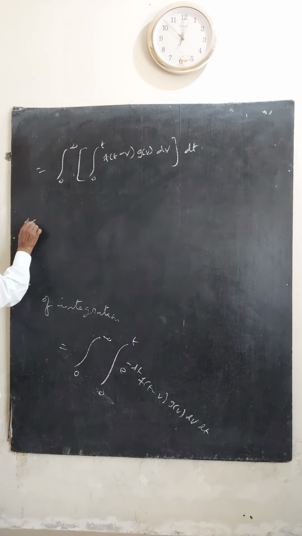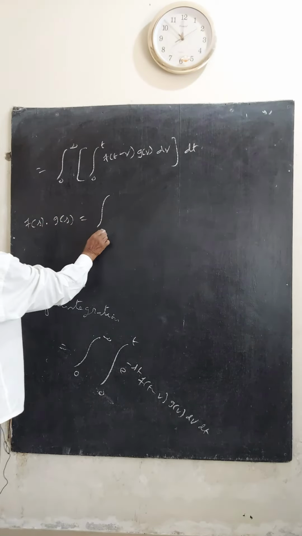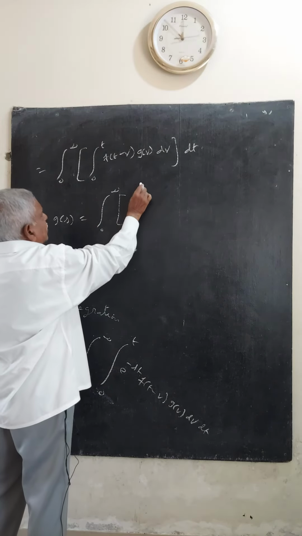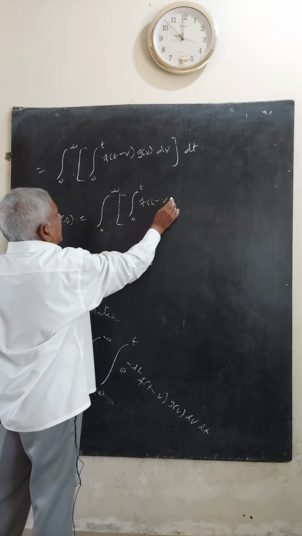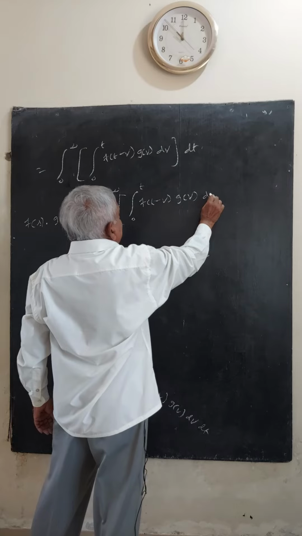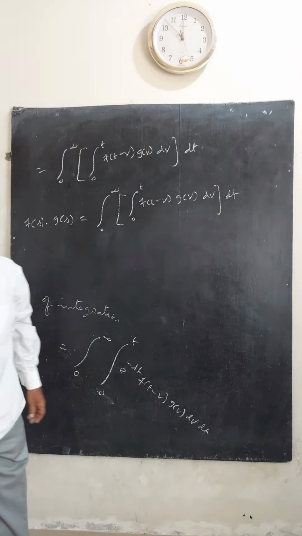See, the left side is what? F of s into g of s, equal to 0 to infinity in bracket 0 to t f of t minus v g of v dv dt.